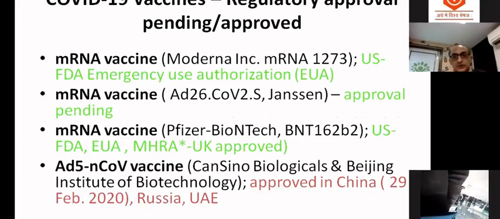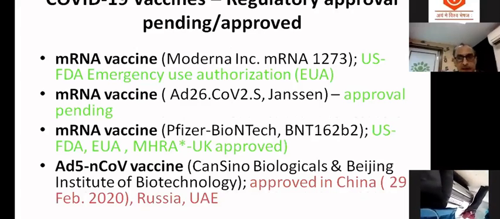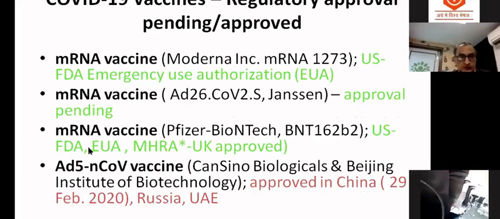Now let's come to what is of interest, the COVID-19 vaccines. Certain vaccines have been given regulatory approval, but certain vaccines are pending approval. They have put in their applications to the various drug controller agencies. The first vaccine developed was this messenger RNA vaccine, called mRNA.